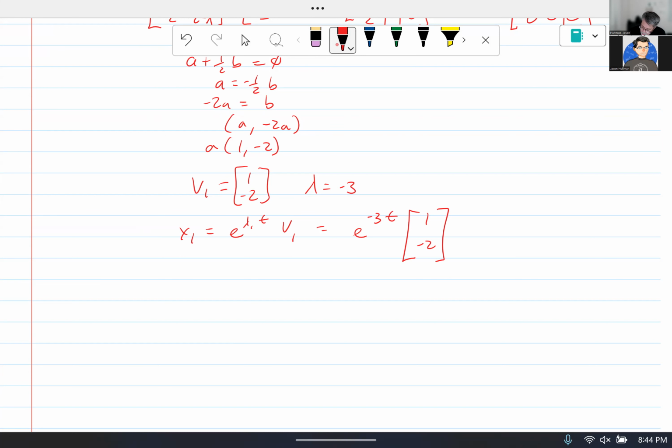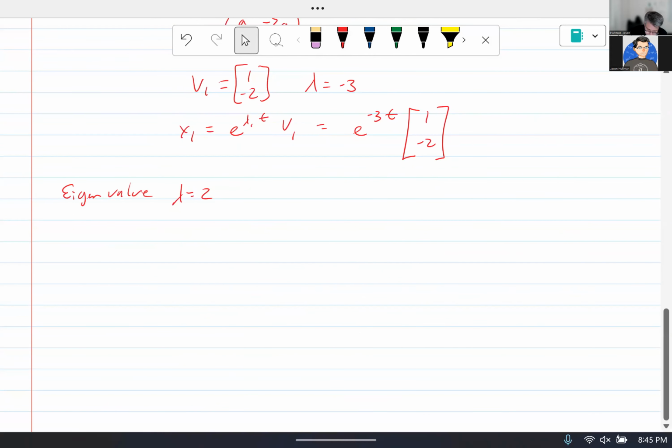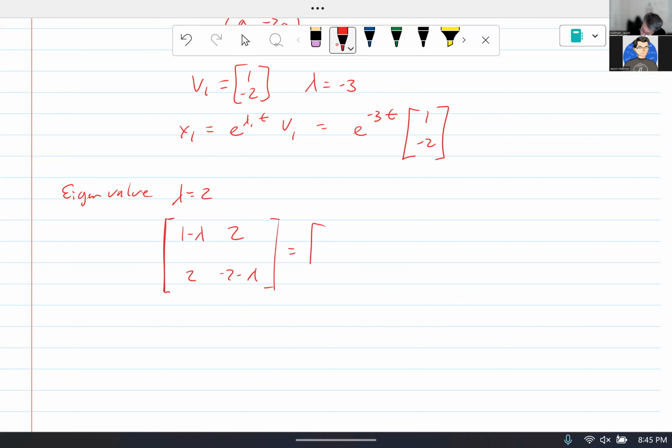Okay, let's do the same process, but with eigenvalue lambda equals 2. So we're going to get 1 minus lambda, 2, 2, and -2 minus lambda, 0, 0.